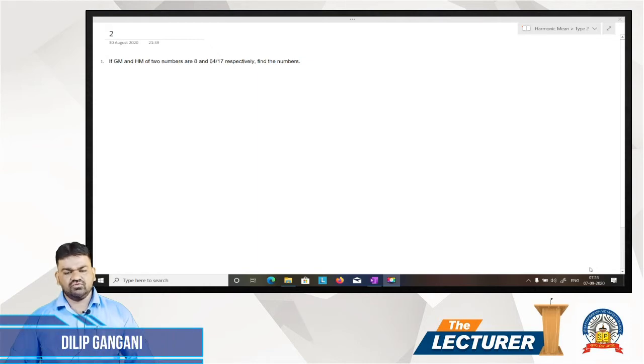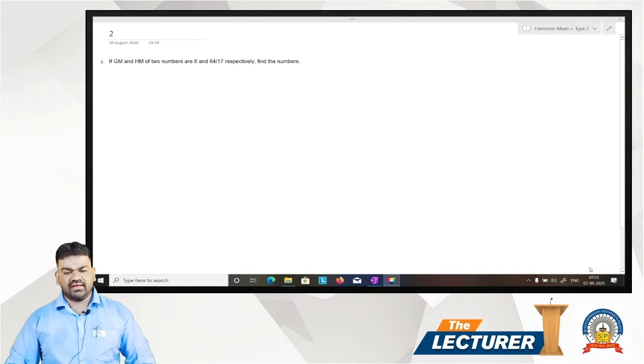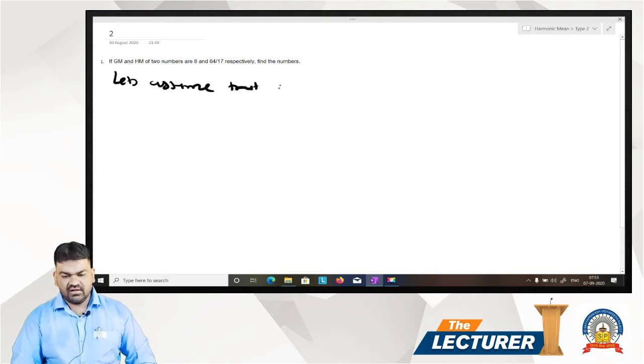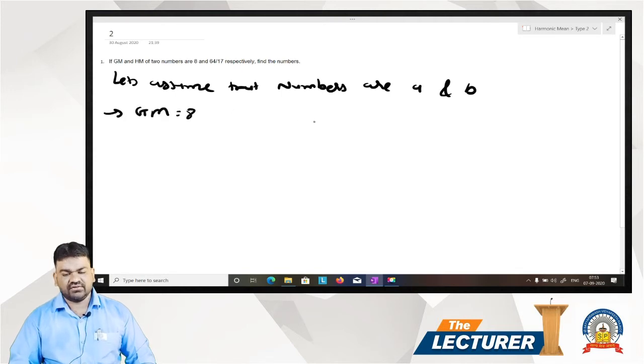Now example number 2: if GM and HM of two numbers are 8 and 64 by 17 respectively, find the numbers. Let's assume that the numbers are a and b. First, GM is equal to 8.